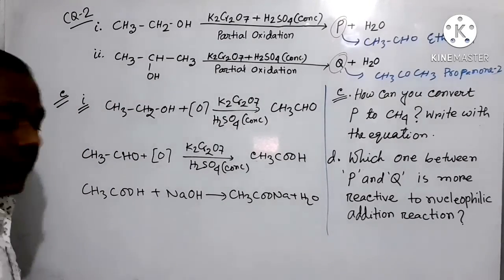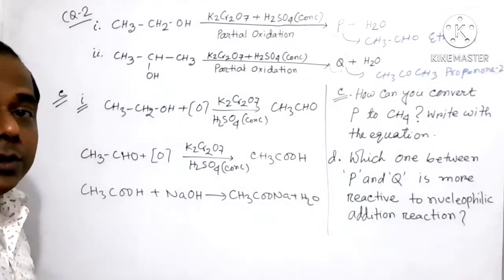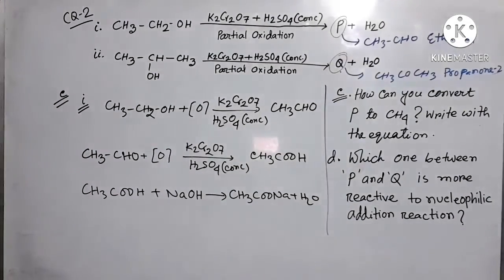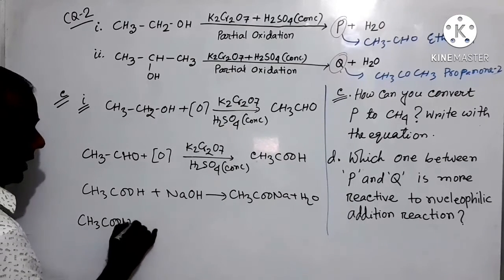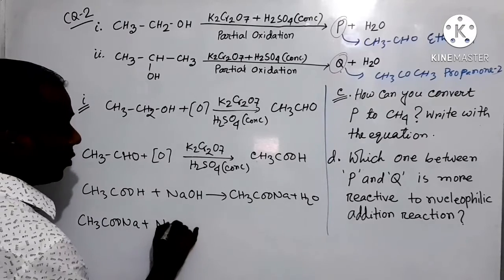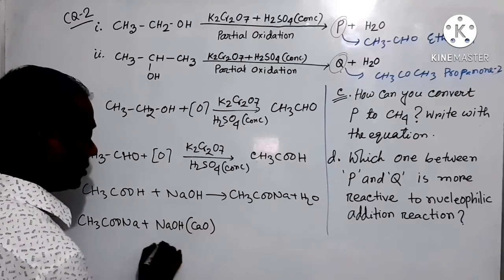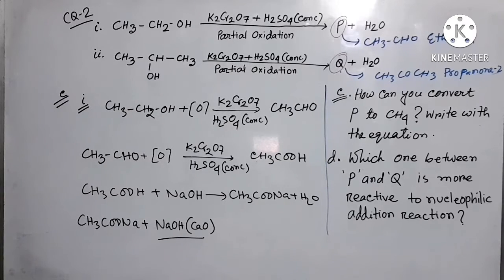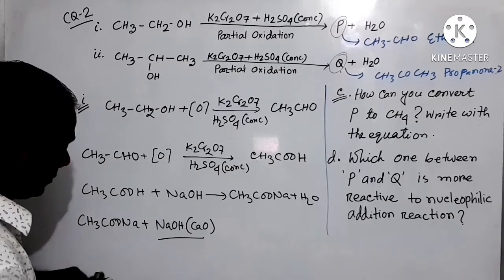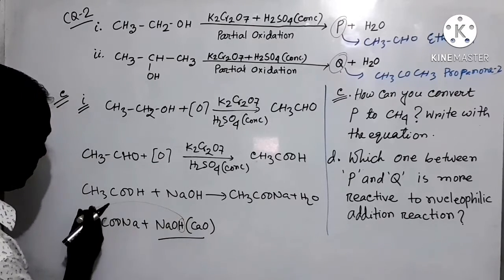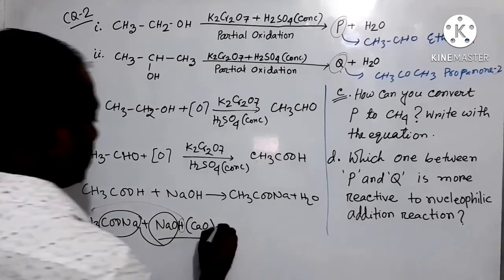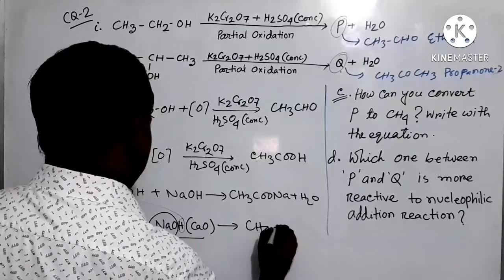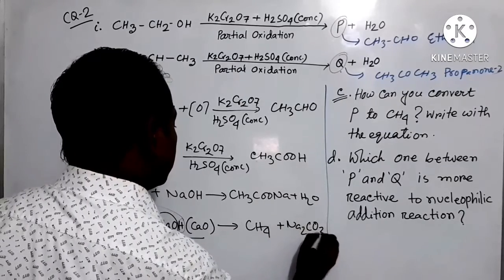And here we use soda lime. Soda lime is the mixture of calcium oxide and sodium hydroxide. That means CH3COONa reacts with soda lime, NaOH and CaO. Then this hydrogen reacts with this carbon, and we get CH4 plus Na2CO3.